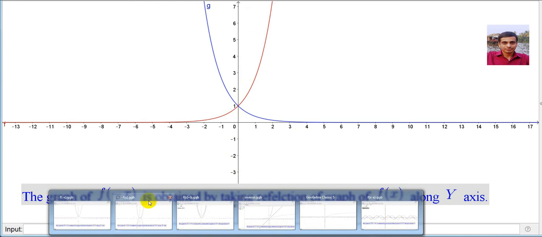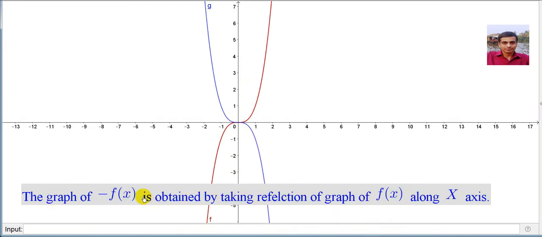Graph of minus f of x. It is different from the earlier relation that we studied. In the earlier relation we studied the graph of f of minus x. Here we have the graph of minus f of x. The graph of minus f of x is obtained by taking reflection of the graph of f of x along the x-axis.